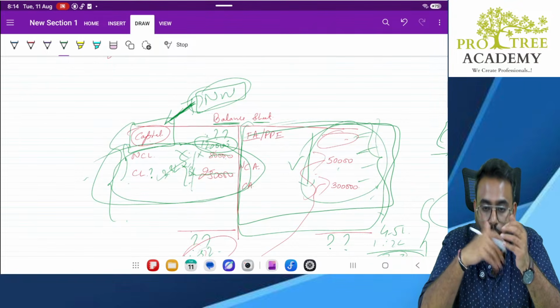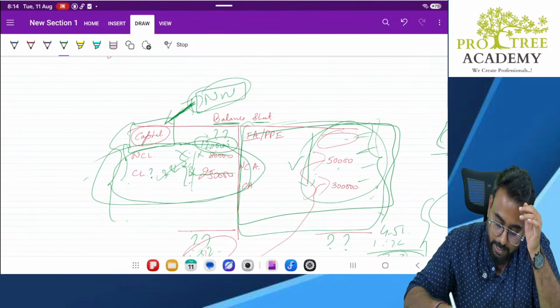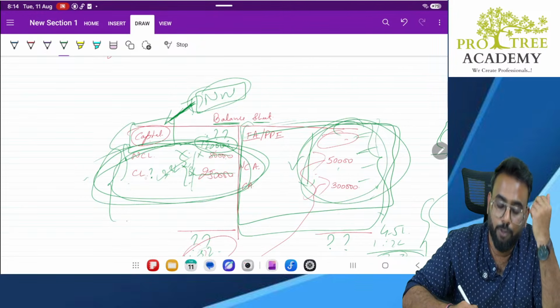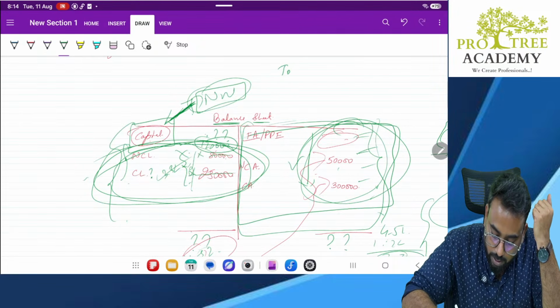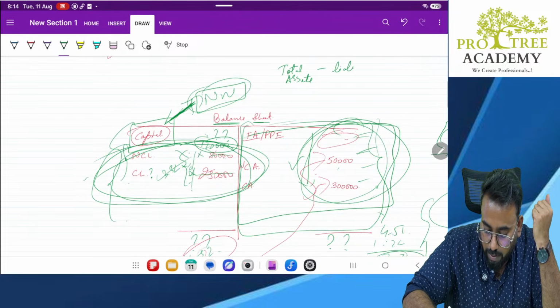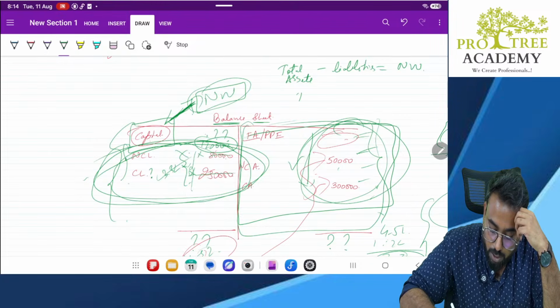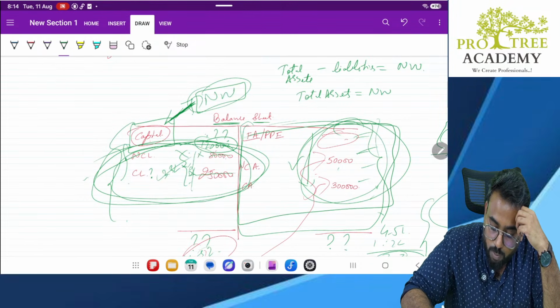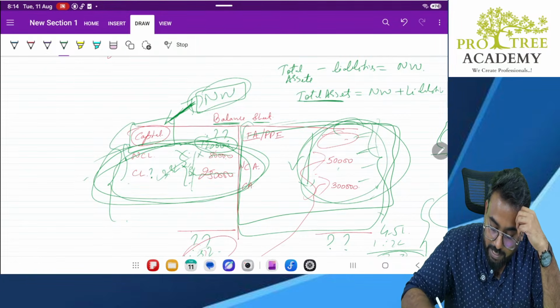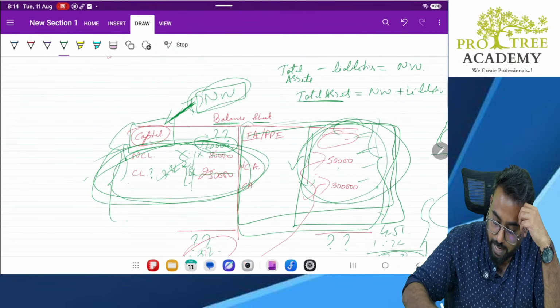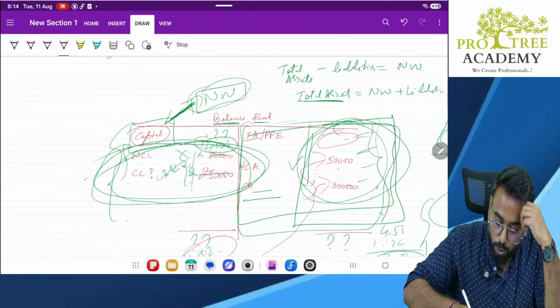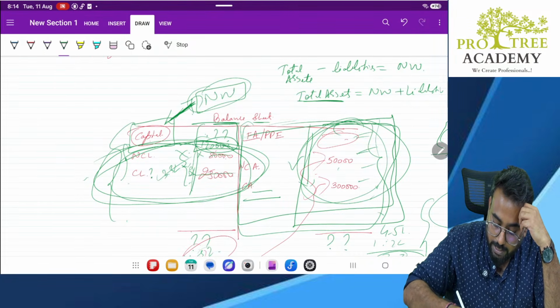Understanding? So what is the formula of net worth? Total assets minus liability will give you net worth. In other words, total assets is equal to net worth plus liability.